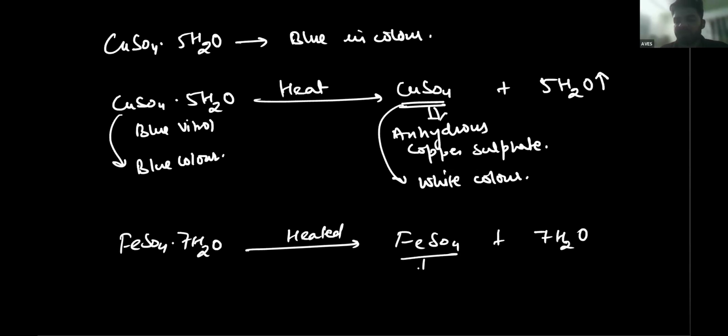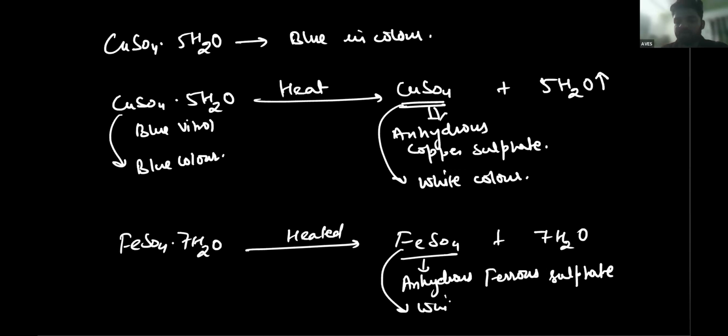So this gives anhydrous ferrous sulfate, which is white, translucent. Note it down.